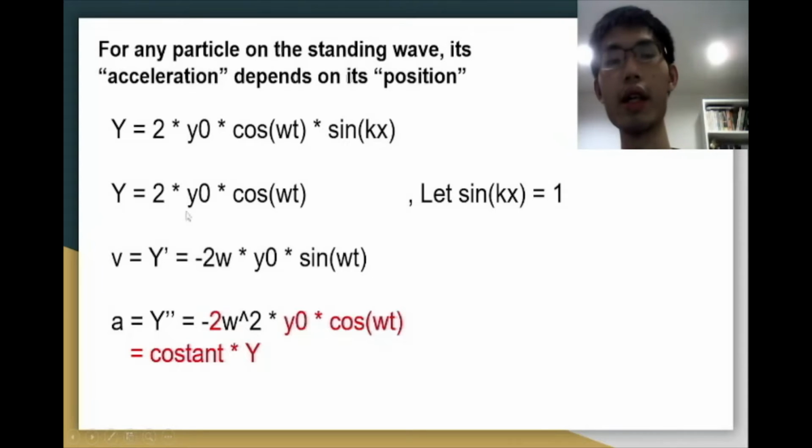Next, we differentiate this expression 2 times, and we get its acceleration, y double prime, equals negative 2 times omega squared times y0 times cosine omega t. Notice that 2 times y0 times cosine omega t is actually the capital Y. So we could rearrange this expression to get acceleration equals a constant times y. So this is a typical expression for simple harmonic motion.